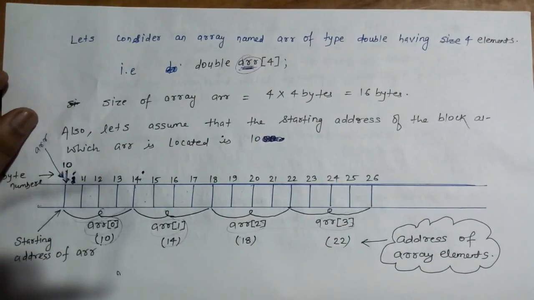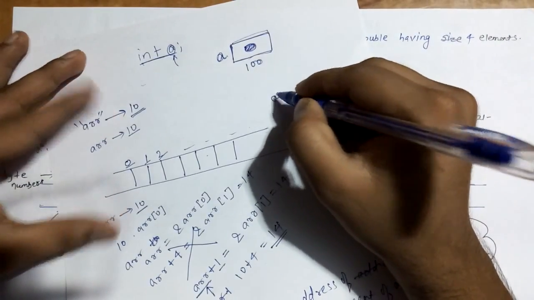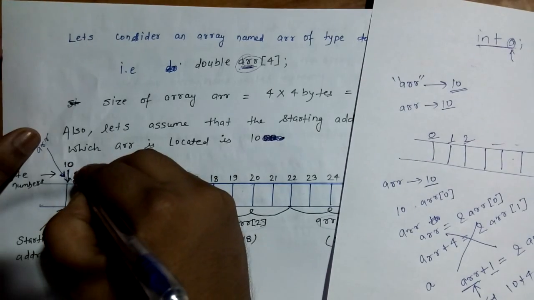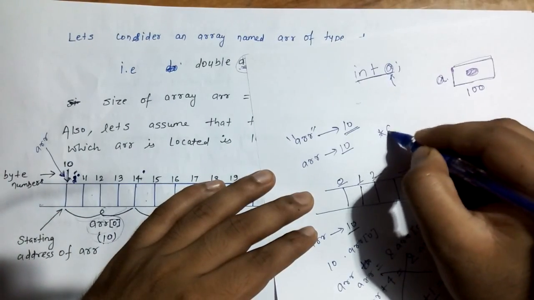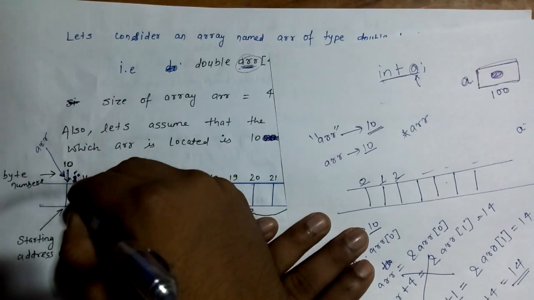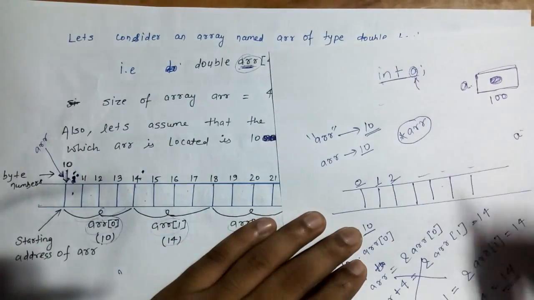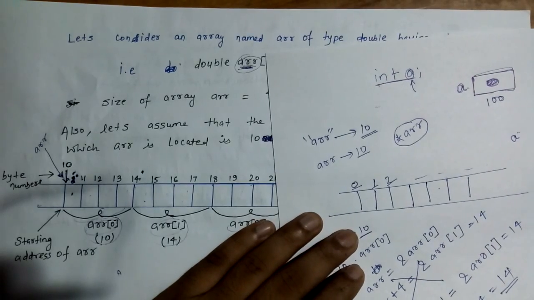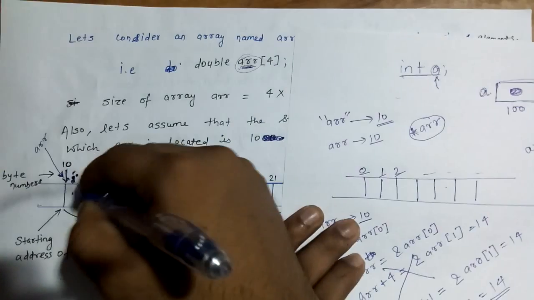So you saw how you can do address arithmetic. Now you know that when you write ARR, you are standing outside this box, and if you do star ARR, you come inside this box. So you can see that arrays are also acting like pointers. We have already seen how you can put a star in front of pointers and get inside the box.